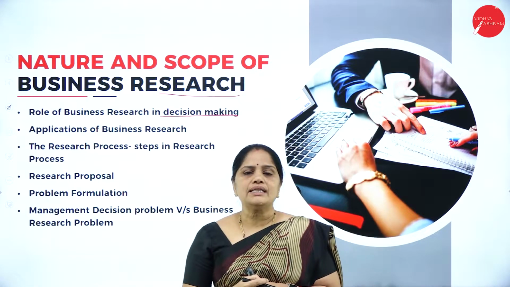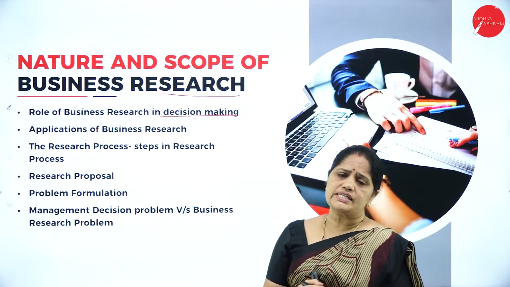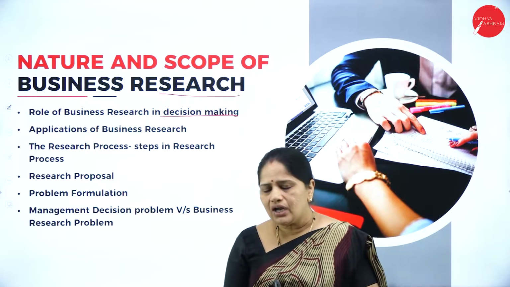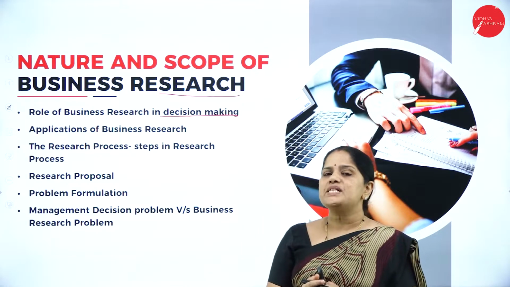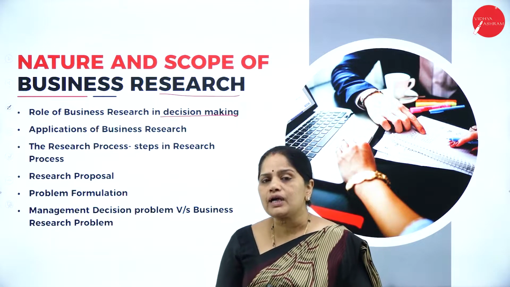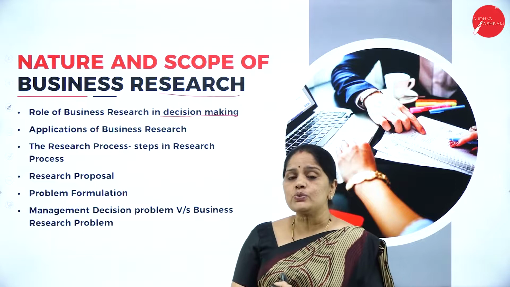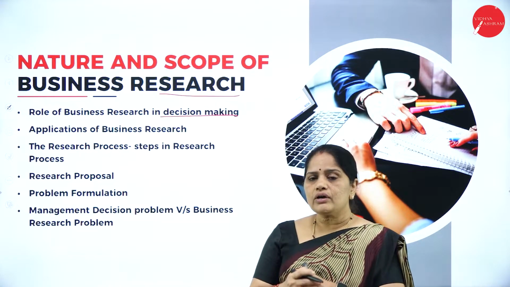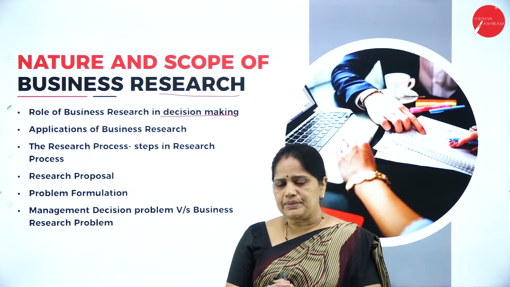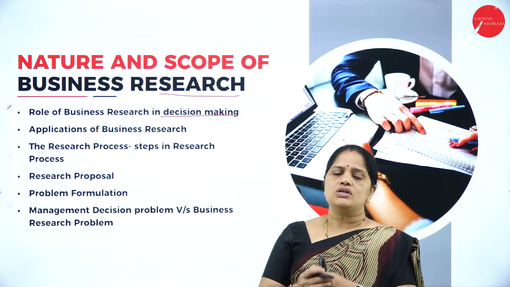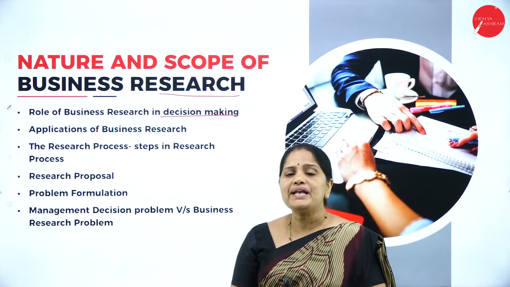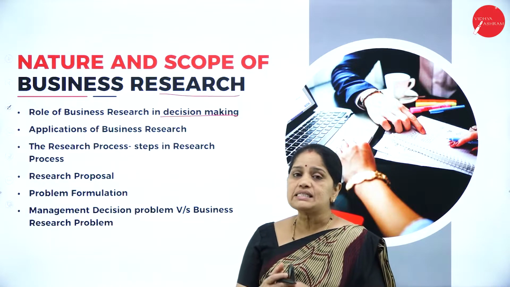We all know that business involves a lot of decision making. There will be a lot of alternatives before the business people, and they have to come to a decision. So this decision making becomes very, very important. The success or the failure of a business depends on the decision which the business takes.